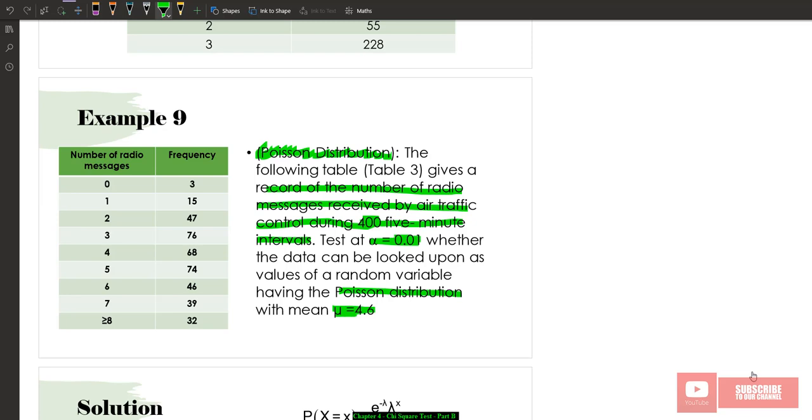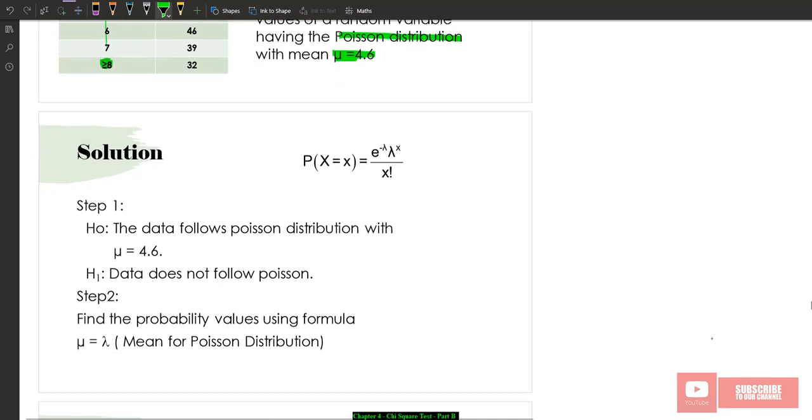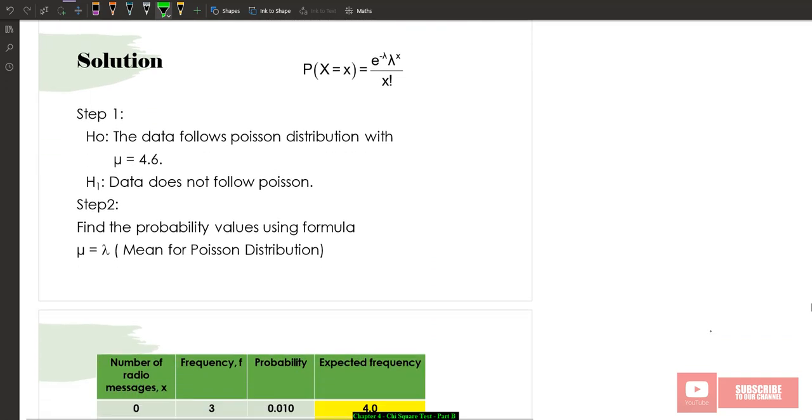By looking at the frequency table, we have the number of radio messages from 0 until more than 8. This is the frequency value. The steps are the same as the previous example. First step, we need to state our hypothesis statement.